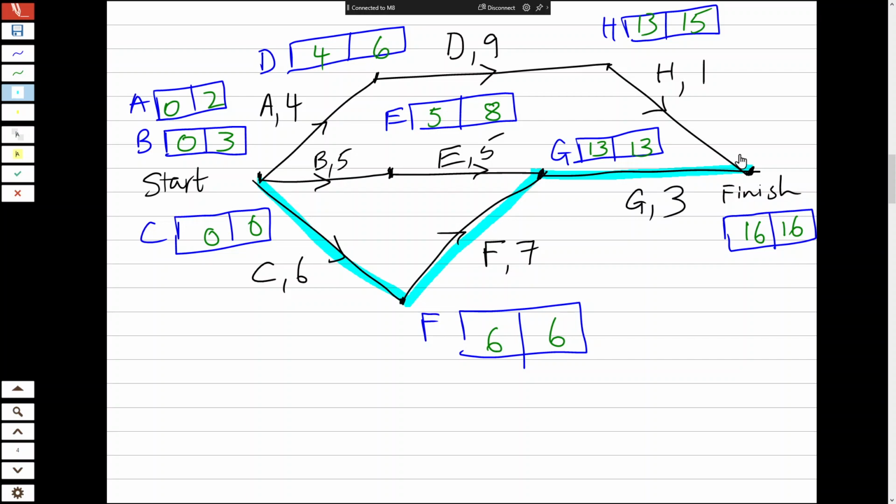I'm going to work backwards from here. So the earliest starting time of D is 5.